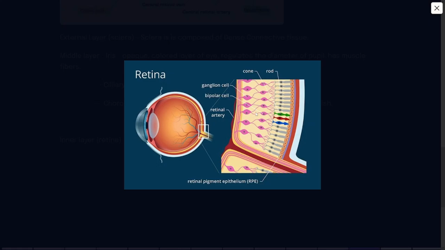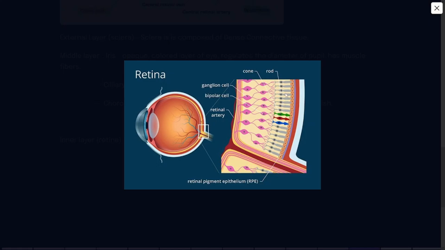Now the cones, they are responsible for daylight vision. Rods are responsible for nocturnal vision, and cones are responsible for daylight vision, which is also called photopic vision and also called colored vision. There are three types of cones, which are green, red, and blue. Now different photopigments are present in these cones.